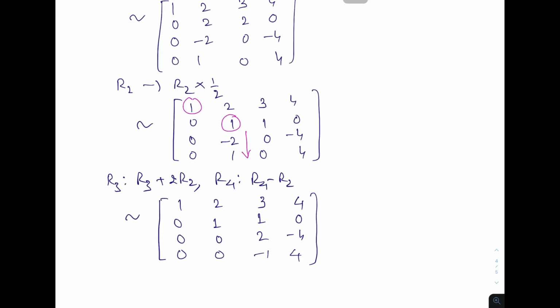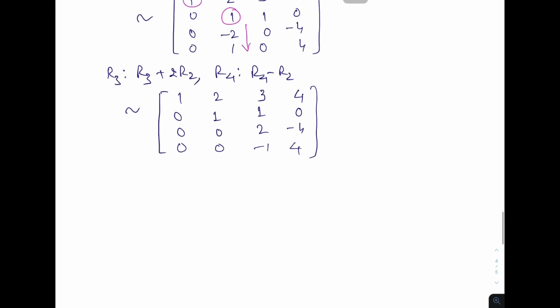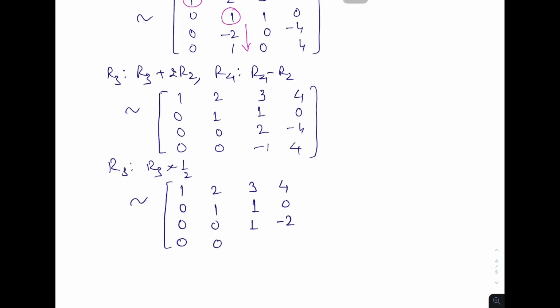Now we can divide the third row by 2. So R3 into 1 by 2. So we have 1, 2, 3, 4, 0, 1, 1, 0, 0, 0. Now divided by 2, this is 1, this is minus 2, 0, 0, minus 1 and 4.